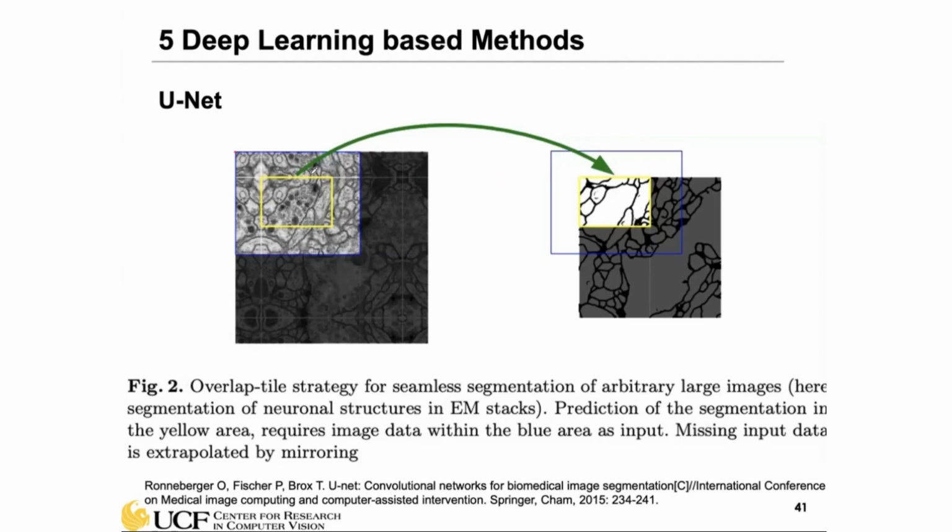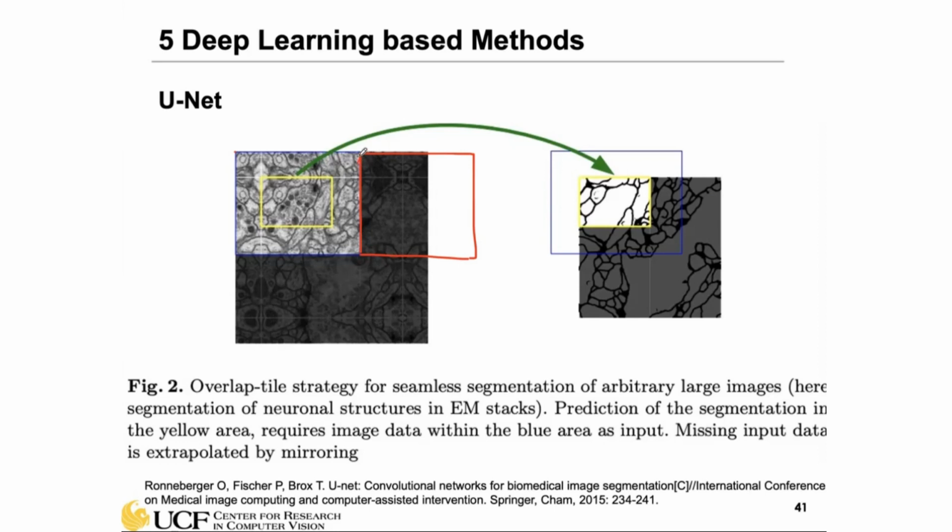A small thing they also did: you could use non-overlapping patches, right? So in the next position, my blue square is going to be here, and I will generate another segmentation map for this one. But the problem is that these edges may not be consistent, or you will see some artifacts.